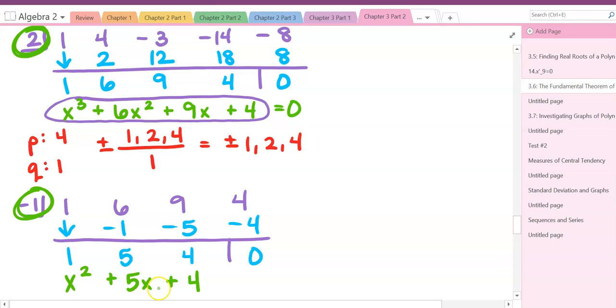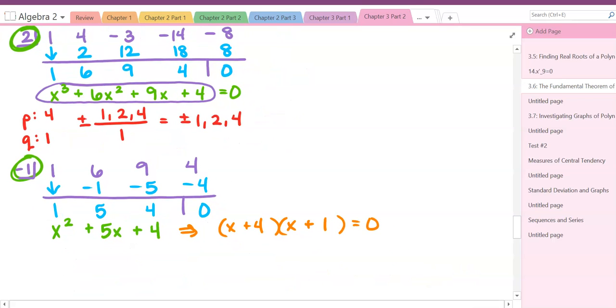Now this one I should be able to factor. What are two numbers that multiply to 4 and add to 5? 4 and 1. So we're going to do x plus 4, x plus 1. So if you guys set those both equal to 0, what do you get for your two roots?